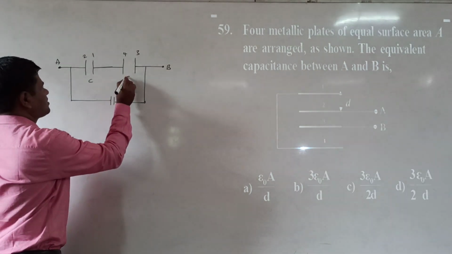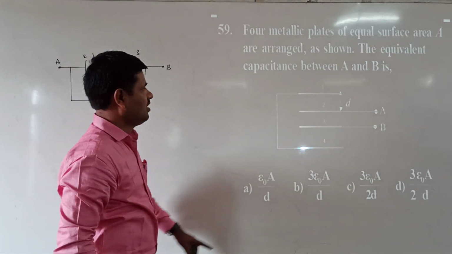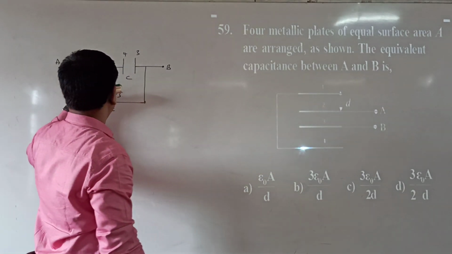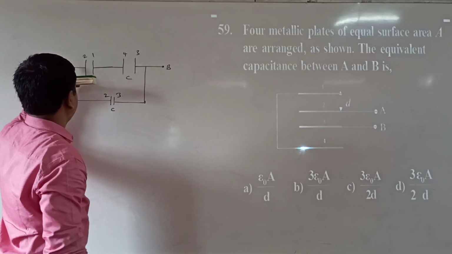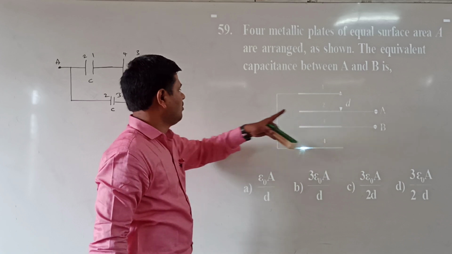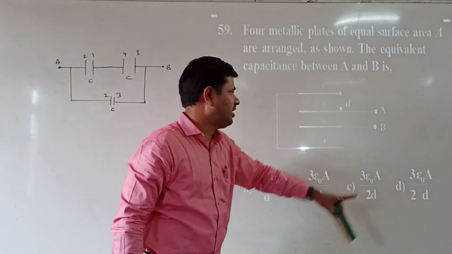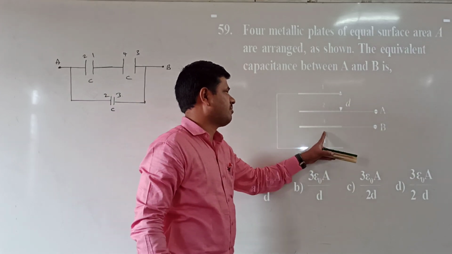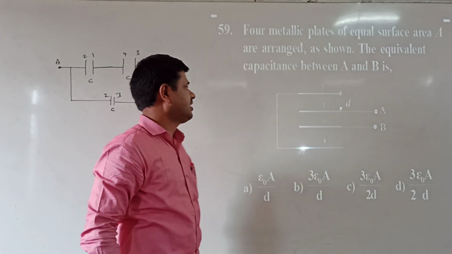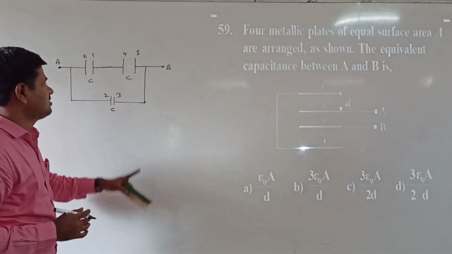This is also capacitance C. In between 1 and 2, one capacitor. 2 is connected to A. Next, 1 is connected to 4 and in between 4 and 3 one capacitor. Now 3 is connected to B. But in between 2 and 3 also one capacitor. 2 connected to A, 3 connected to B. This is the equivalent circuit.